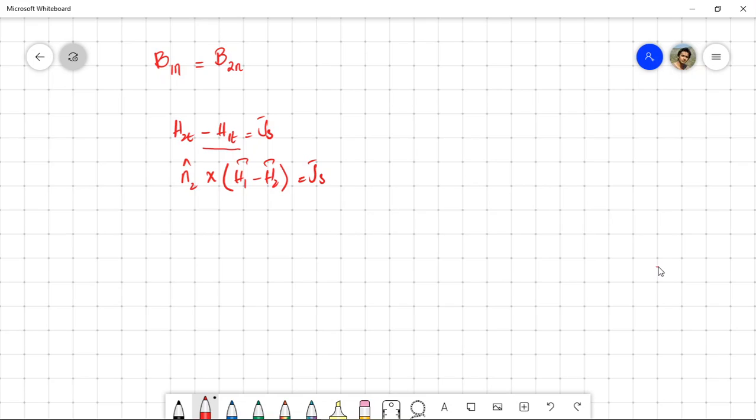So the book jumped straight to this equation, which might confuse you. So in order for you to understand how we reach this equation from the previous one, we need to specify things a little bit. So how do we do that?